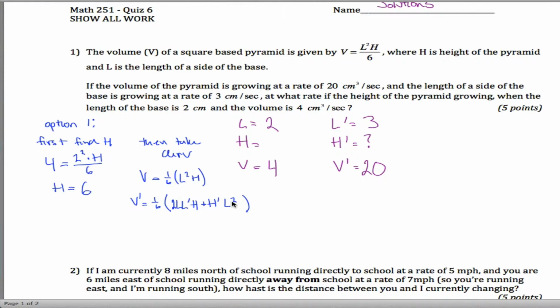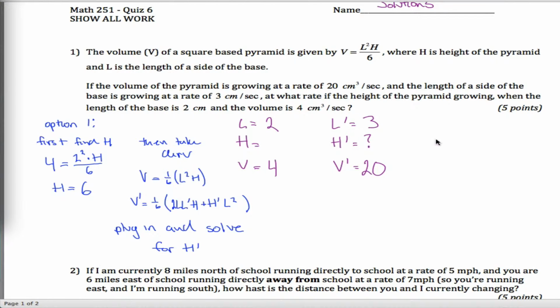I know all of the pieces, so I could solve this for H prime and get my answer. Solve, plug in, and solve for H prime. That'll absolutely work, and you're perfectly fine doing it that way.